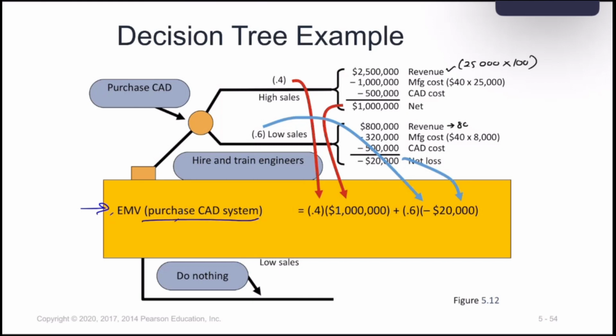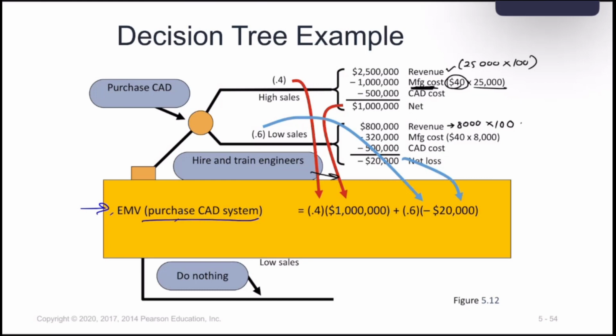Same goes to here, this is 8,000 units times 100. Then you have the manufacturing cost of the product. Each product costs you $40 with the purchase CAD system, but without the CAD system, you hire, later on it is $50.